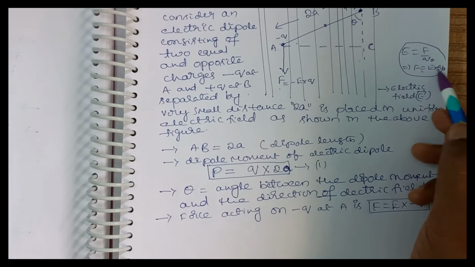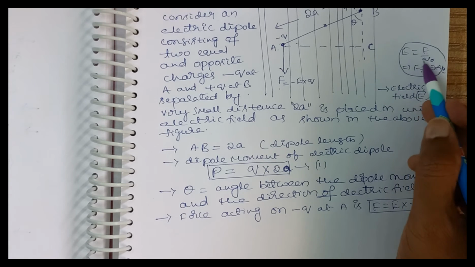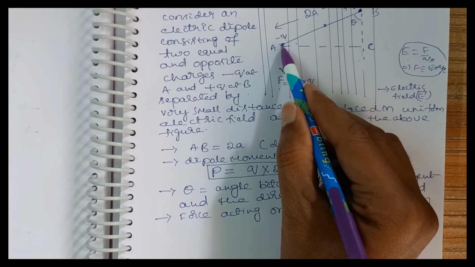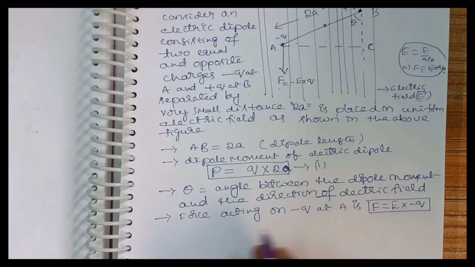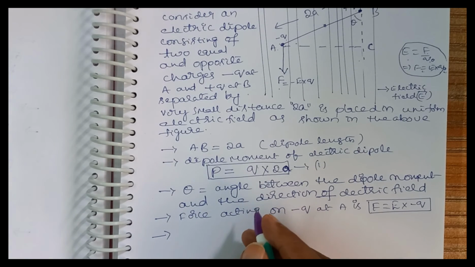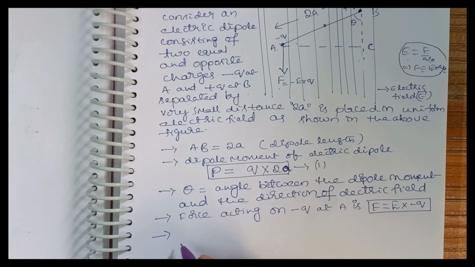Generally in the formula for intensity of electric field, E equals F by q naught, but here we are taking q naught as minus q, F is F, and E is the intensity of electric field. So this force acts in the downward direction.